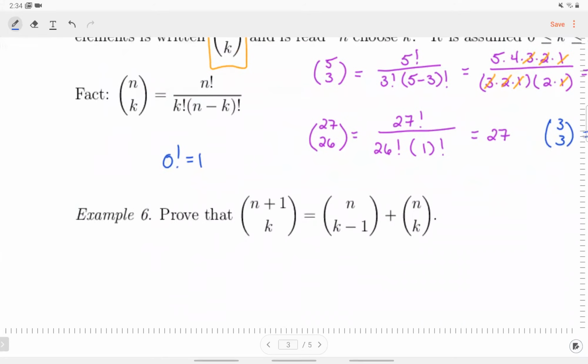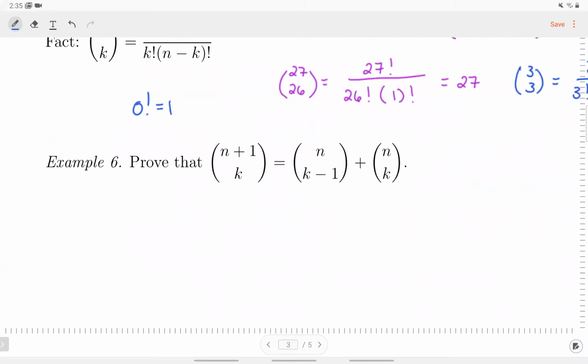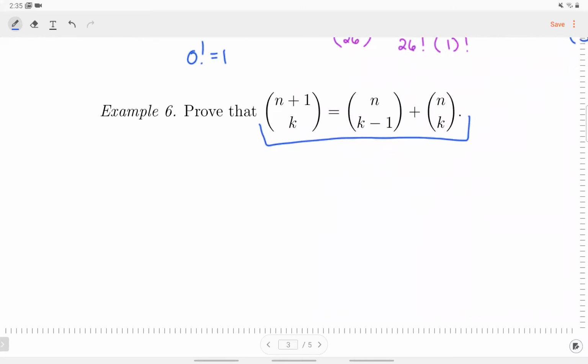Okay. Well, let's go ahead. So here's a proof. Now this one doesn't have a definite if and then. I'm just trying to show this statement is true. So that's what I'm trying to show. The hidden assumptions here are that n and k are natural numbers, or maybe 0.